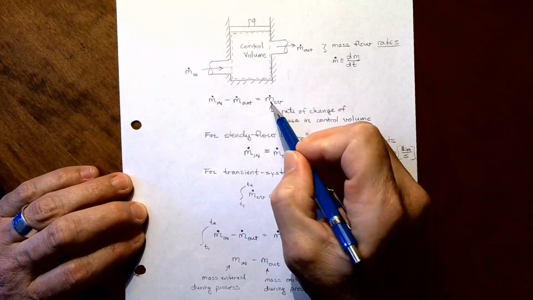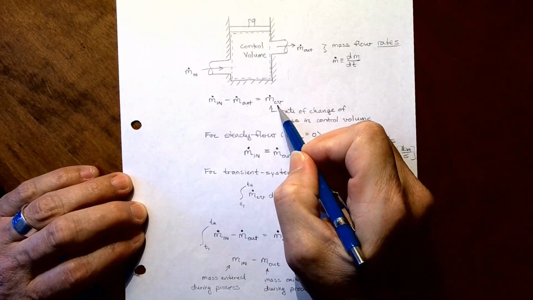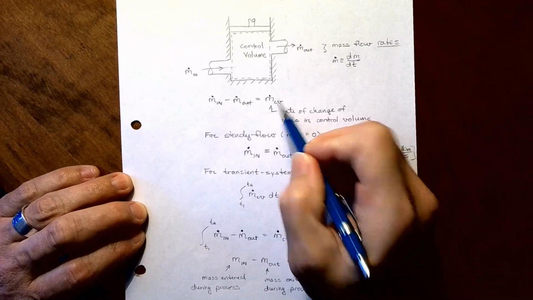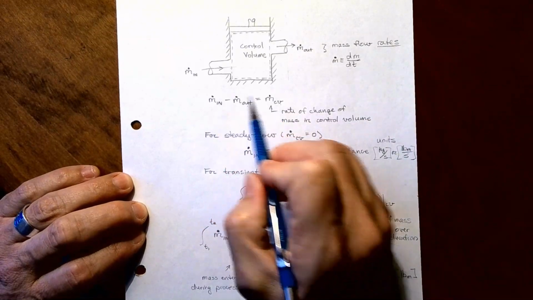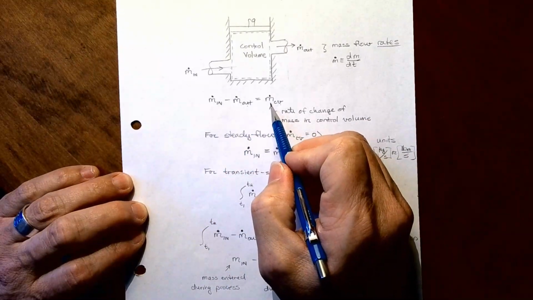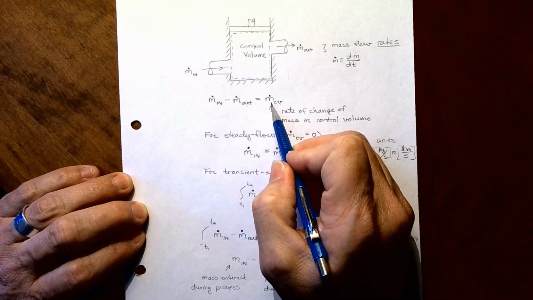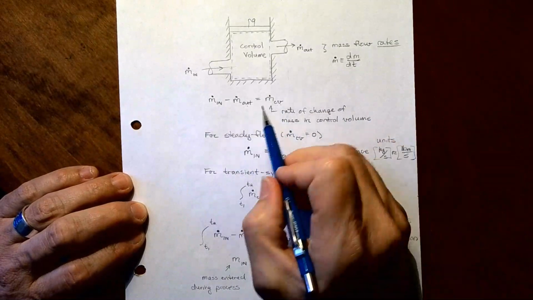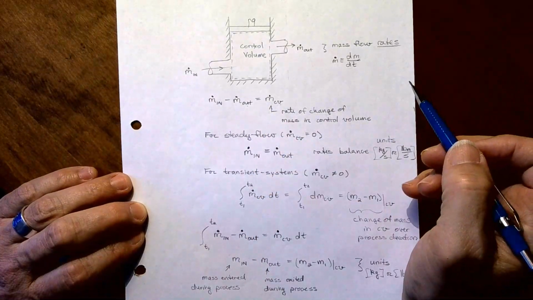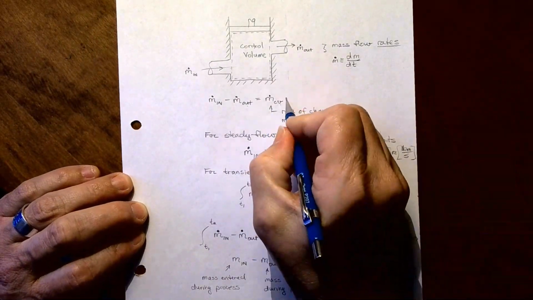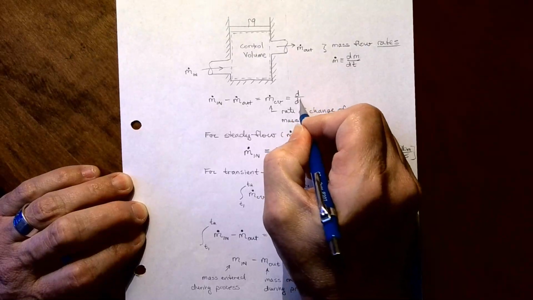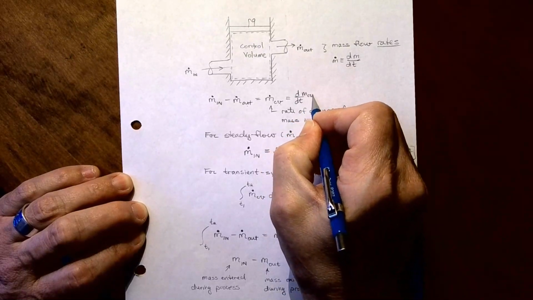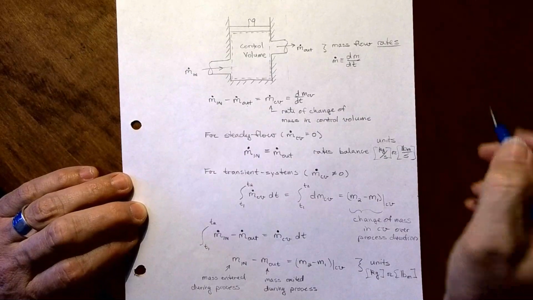The little m CV is the mass in the control volume. So if m dot in is larger than m dot out, then m dot CV is going to be increasing, a positive number. The rate of change of mass inside the control volume is this right hand side. Previously I had called that d dt of m in the control volume.